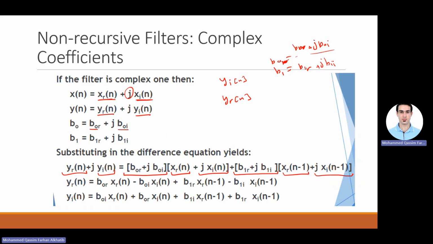Substitute, and all you need to do is work out the algebra, have the real parts alone, have the imaginary parts alone, and you'll tell me, okay, the real part of y will be this expression, the imaginary part of y will be that other expression.